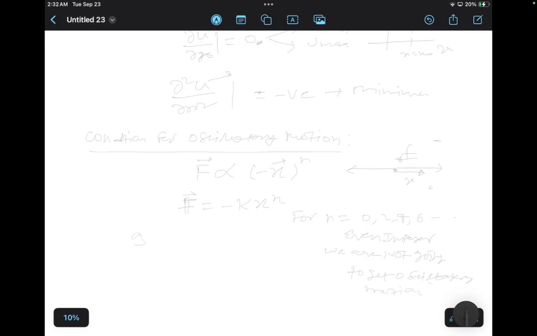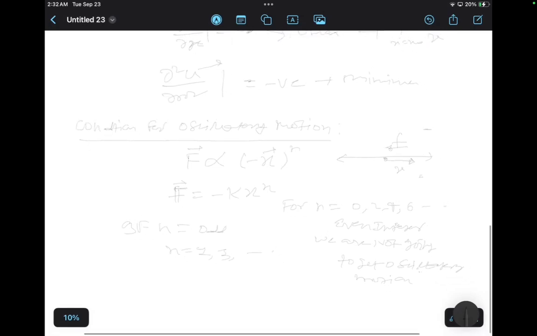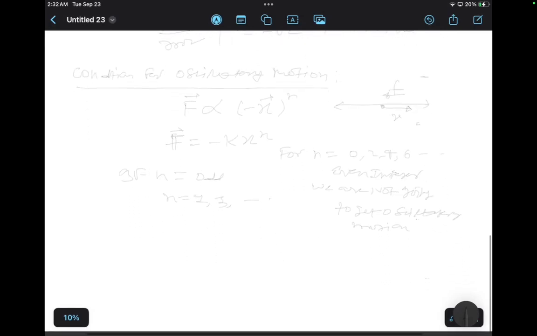So if n is odd, like n equal to 1, 3, then we are going to get some kind of oscillatory motion. And this is the main condition.